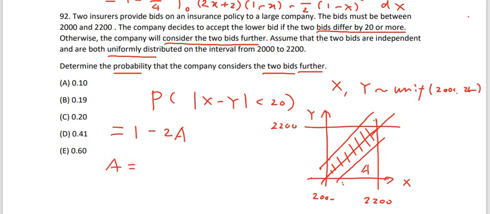So A is the probability with x from this point to this point.